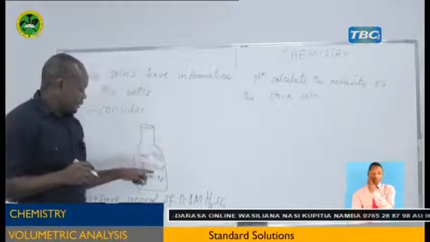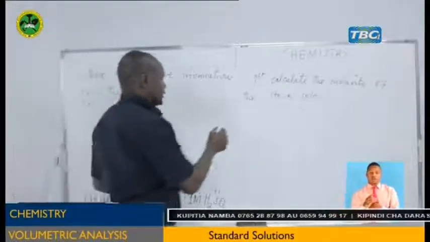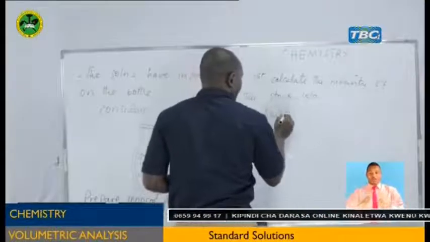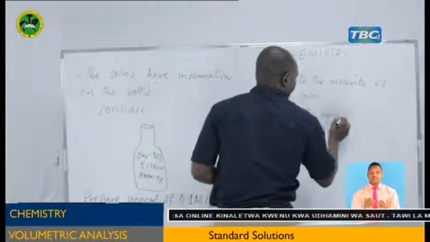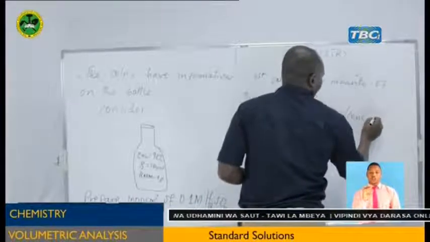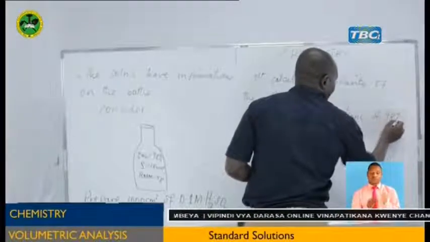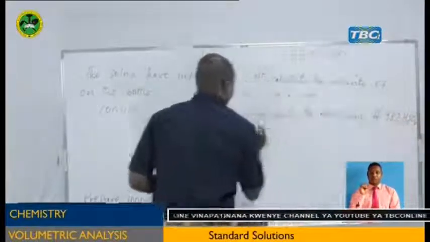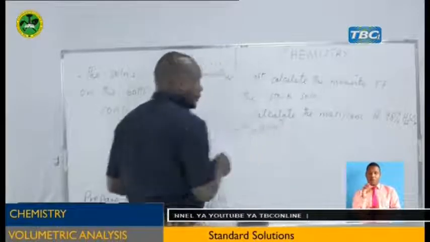What you do here is first calculate the mass or concentration of 98% sulfuric acid in 1 cubic centimeter.